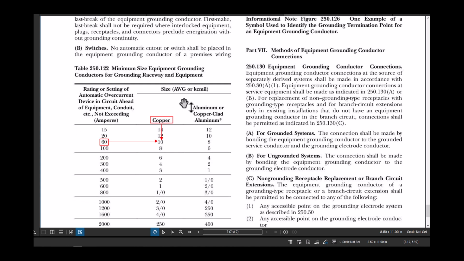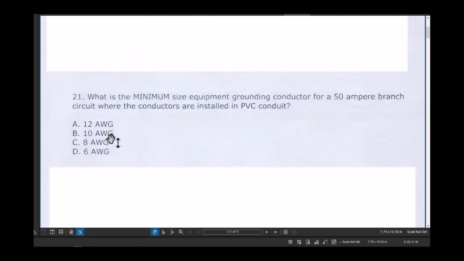What we're looking at in the question is a 50 amp branch circuit, which is 20 amp or less, 60 is more, then we should go with the 60 amp. Then for the copper size, when we come down and go right, the 10 gauge is what we're looking for. The answer is B, 10 gauge.